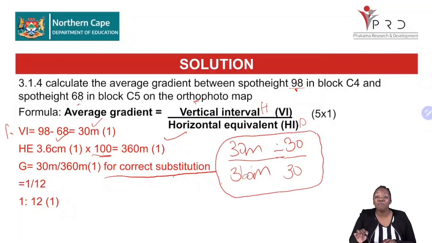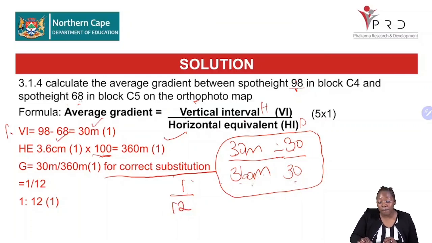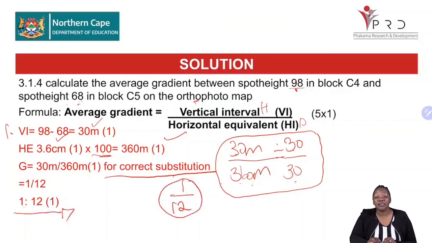But if you are doing it manually, 30 divided by 30 will give you 1. Then 360 divided by 30 will give you 12. Because in our tips we said the answer of gradient is supposed to be on a ratio scale. You then break this fraction and you have the answer of 1:12 to make it a ratio scale. So you have those 5 marks.